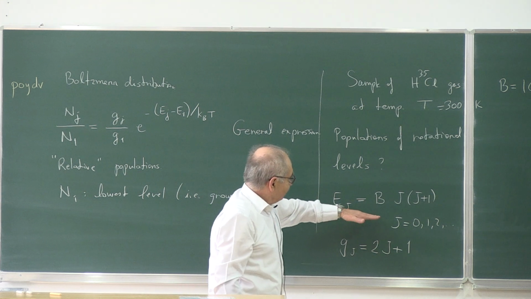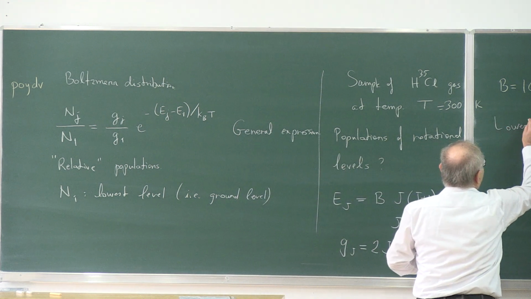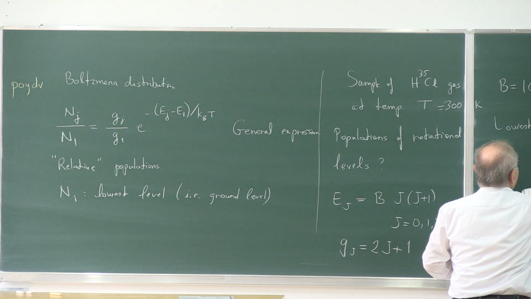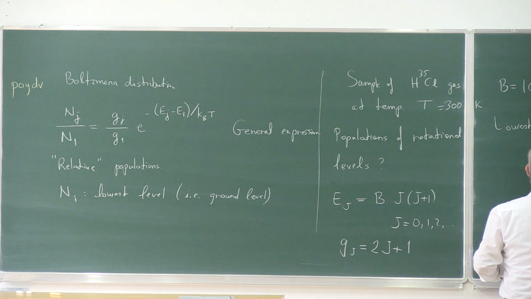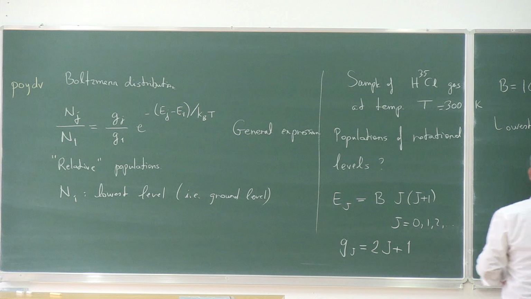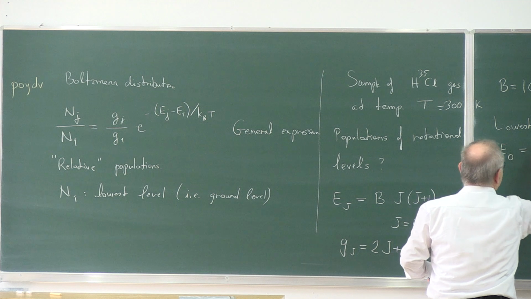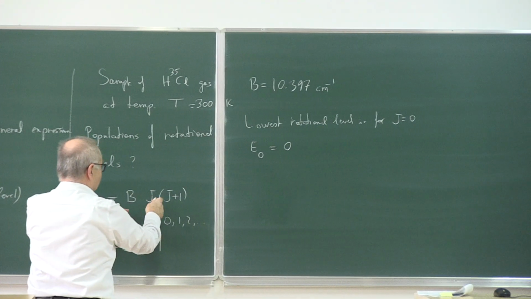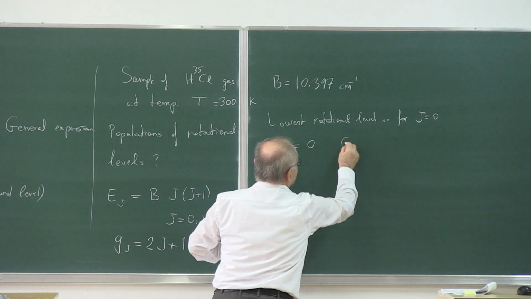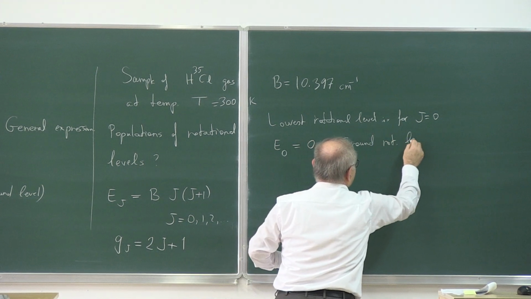So that the lowest rotational level is for J equals 0. In that case, energy 0 is 0, because if J is 0, 0 times anything is 0. This is the ground rotational level.